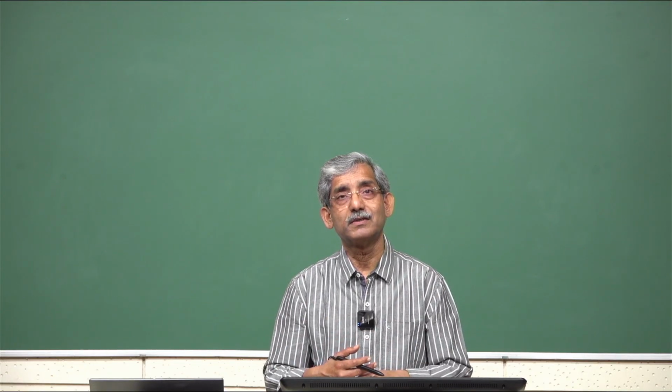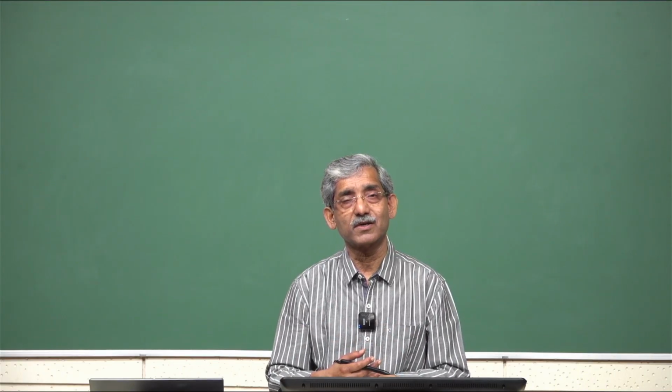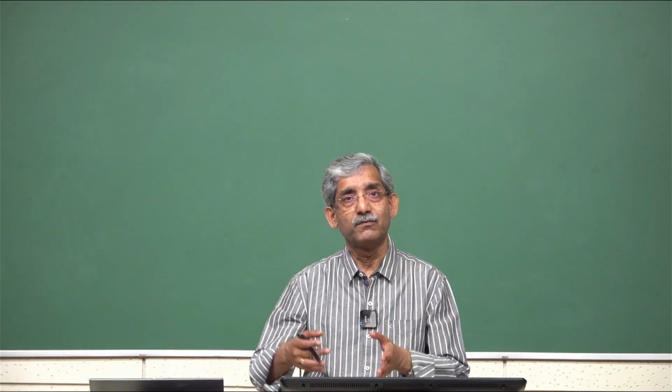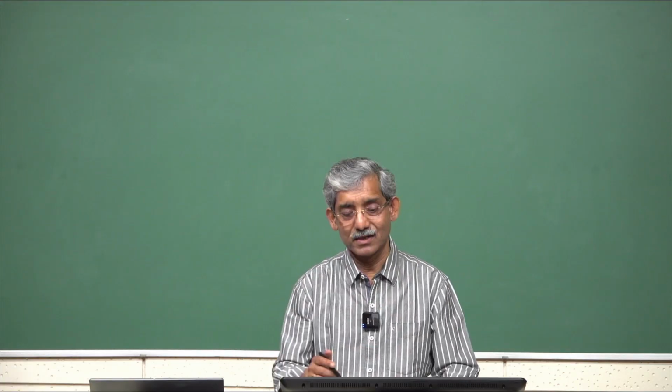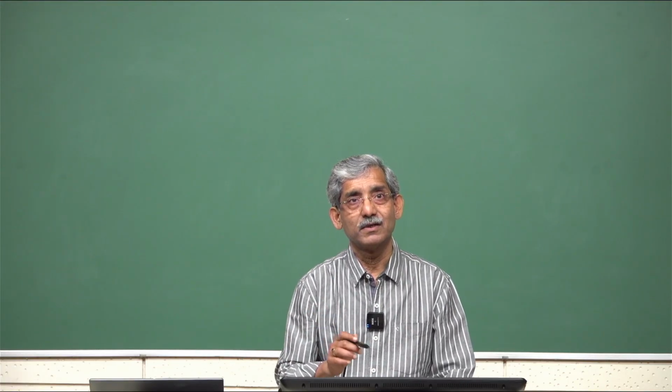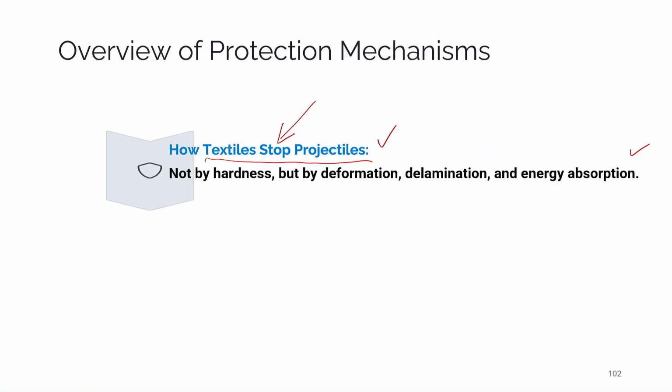We have to develop the textile structure to follow or enhance this type of mechanism. This is whatever the textile can do that hard metal cannot do. Textile's main advantage is that it is not hard.